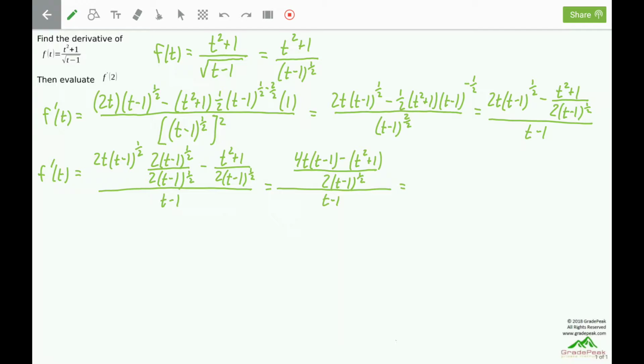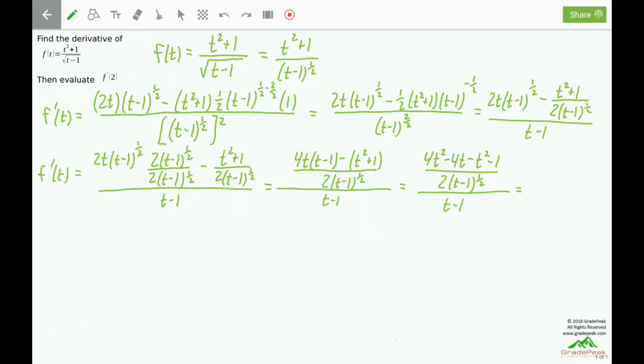The next thing I'm going to do, I'm going to distribute the 4t into here and the negative into here. That will give us a 4t squared minus 4t, and then distribute the negative, minus t squared minus 1, all over 2 times t minus 1 to the 1/2, and then that entire thing over t minus 1.